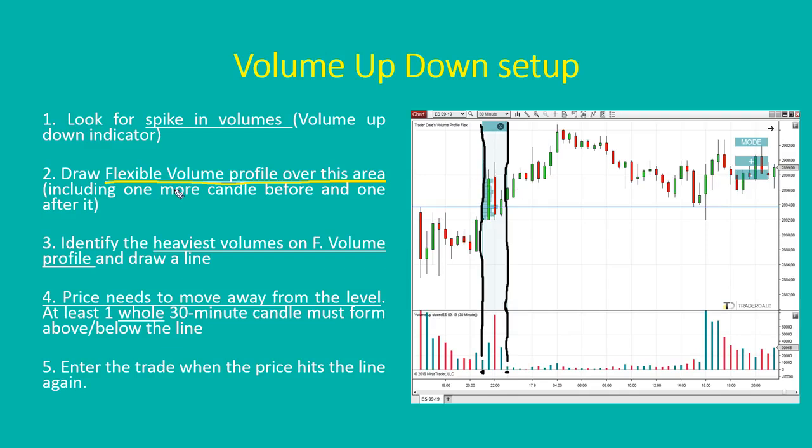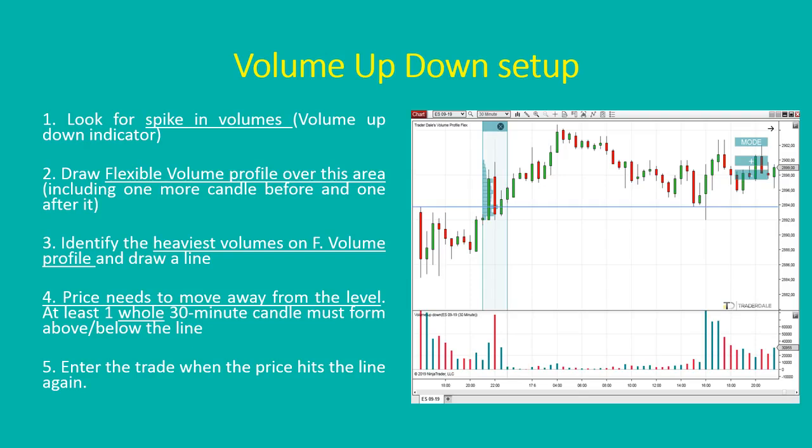So you draw the flexible profile over the area with heavy volumes, including one more candle before. This is the one more candle before, and one after it. This is the one after it. So you draw the profile over this area. Oh, by the way, I'm using a 30-minute chart, I forgot to say.